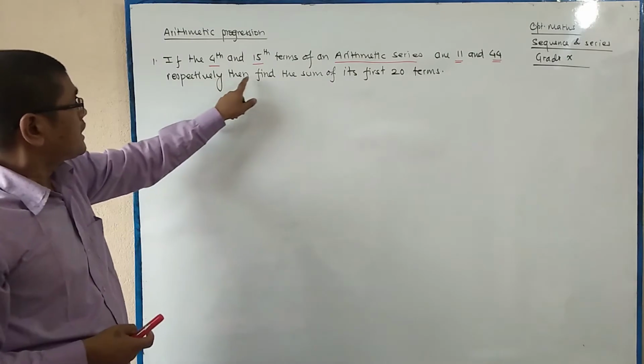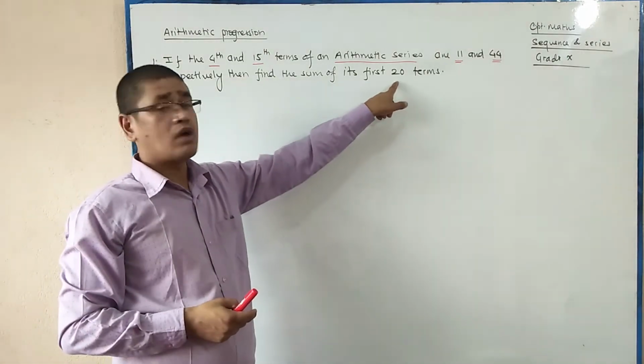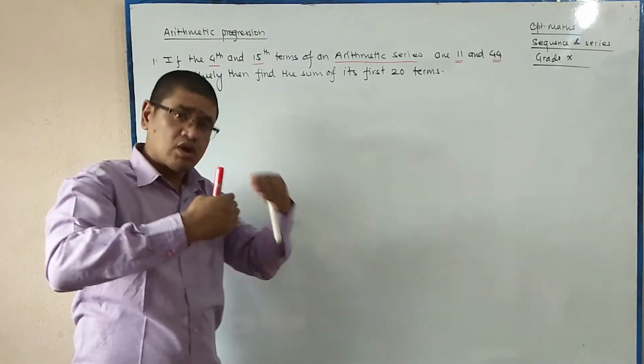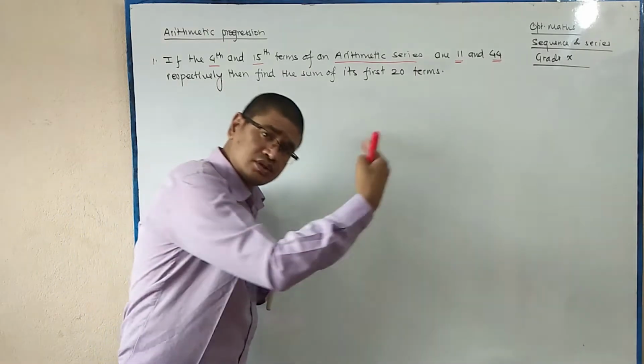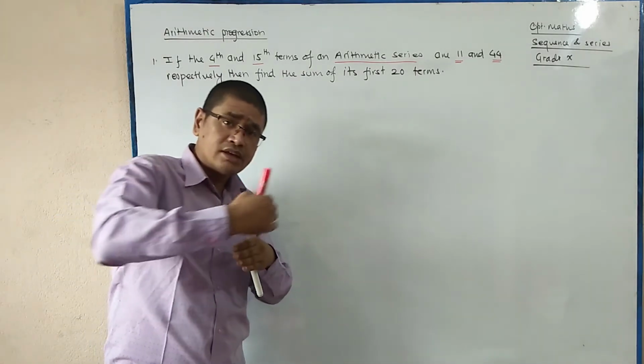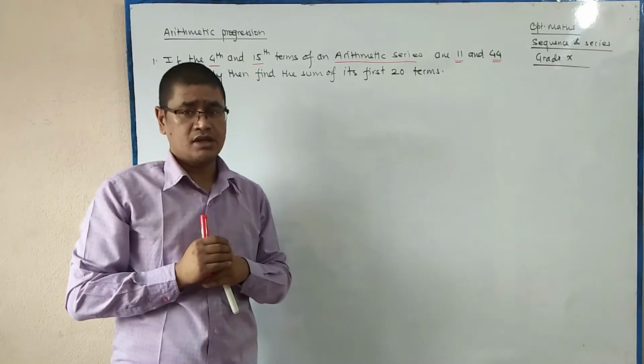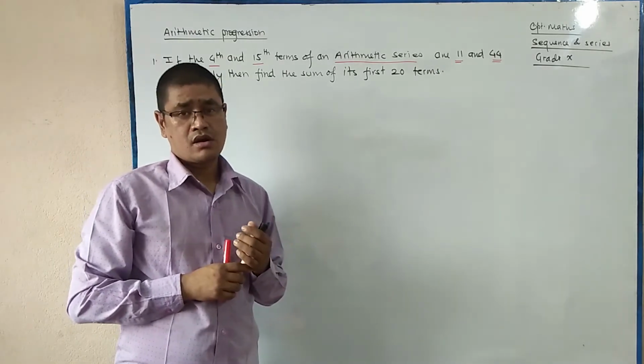After that, find the sum of the first 20 terms, from T1 to T20. If we go on adding all the terms, what will be our result? That's the question's requirement.